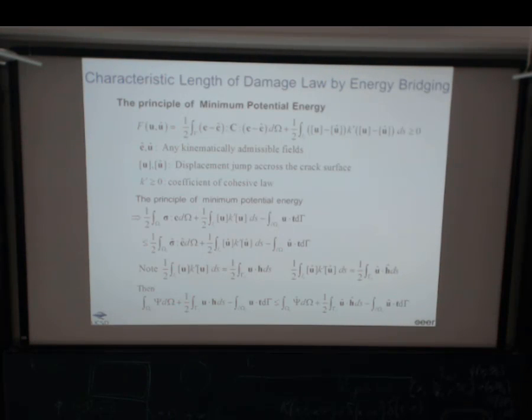It just simply says that any perturbation from the equilibrium state will increase the potential energy. And here we simply show that this is also the case for fracture. Okay, previously, of course, everybody knows this is a well-known principle for material without crack, but even with crack, here we show that this still holds.